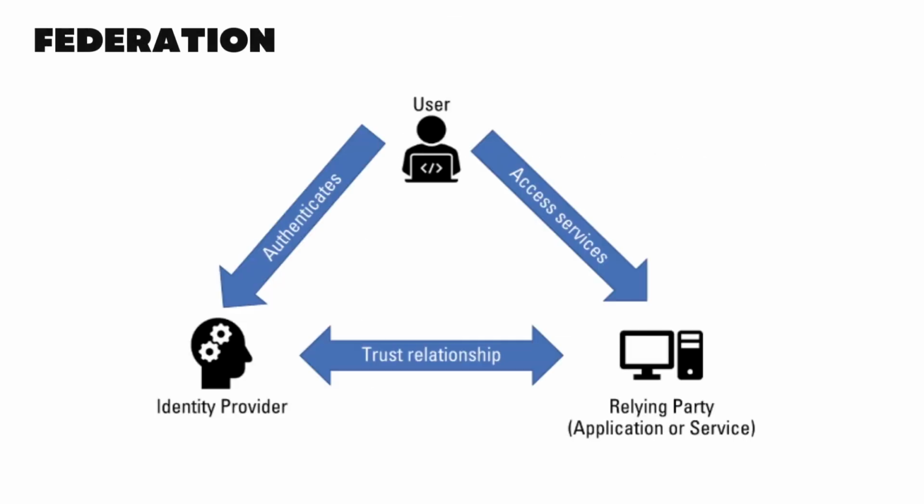Okay, so this is how it looks from a federation perspective. When I talk about federation, it's the process of linking your identity across multiple applications, like on-prem and cloud. So if you are a user, you can just authenticate to the identity provider. In this case, it might be Active Directory, and then you can log into multiple applications, your on-prem applications. It might be the cloud, Azure, AWS.